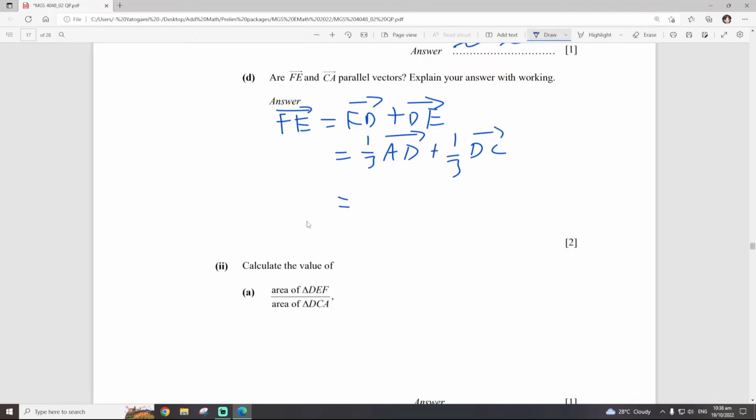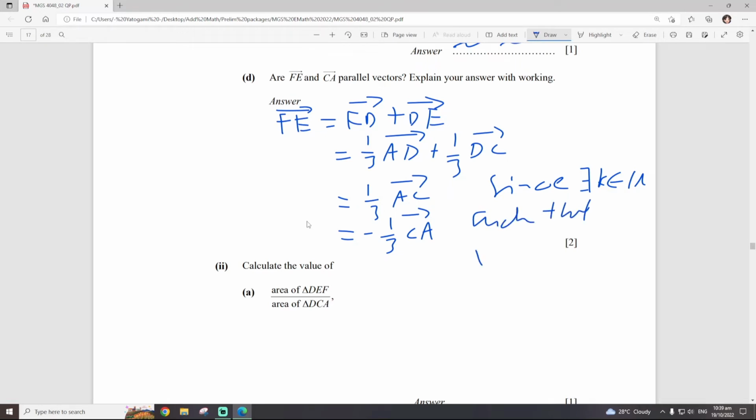You can bring together the 1/3, AD plus DC is actually AC, so 1/3 of AC, which equals negative 1/3 of CA. Since there exists a real number K such that FE equals KCA, they are parallel vectors. Okay.